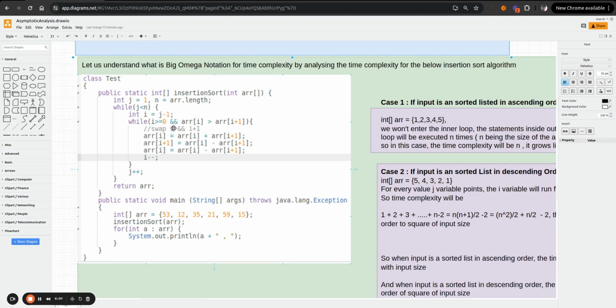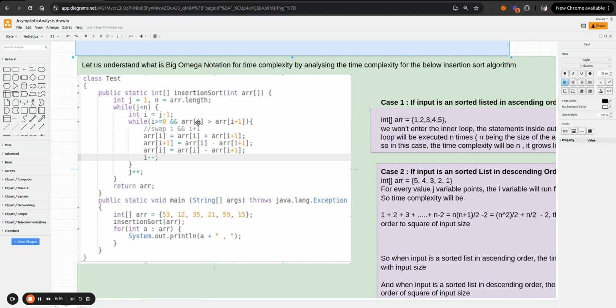The sorting algorithm has a condition. The condition is that in the given array, if we take consecutive elements to the left of j, suppose we are at j equals 3, the third position, or j equals 4, it means the third position.